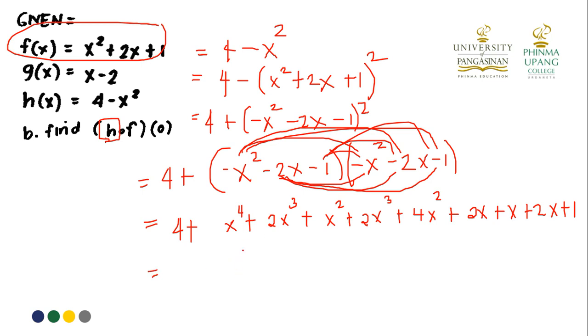Then, this is x to the 4th power, bring down, then 2x cubed, then 2x cubed, 3x cubed. So how many is that? 4x cubed.